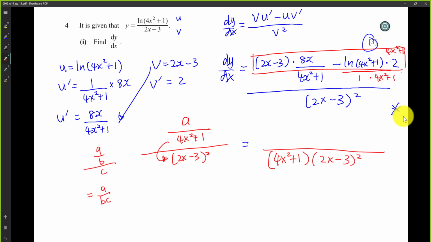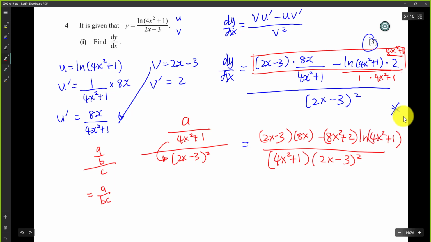Depending on whether you want to multiply it in or not, normally I will not expand the bracket for this one unless I think that after the minus here I have something similar like x squared, then maybe I will expand them. Or else I will just leave it like this: (2x minus 3) times A, minus this one is 2 multiplied here, so I'm going to call it Ax squared plus 2 multiplied with ln(4x squared plus 1). Yeah, I will leave my answer like this.